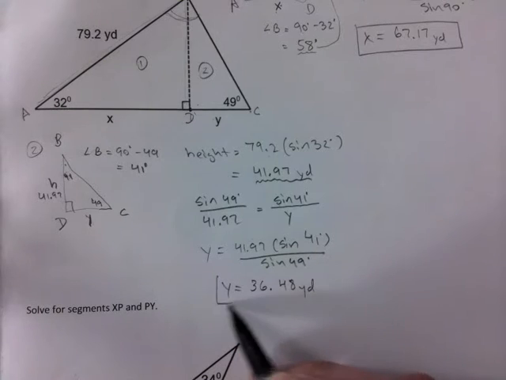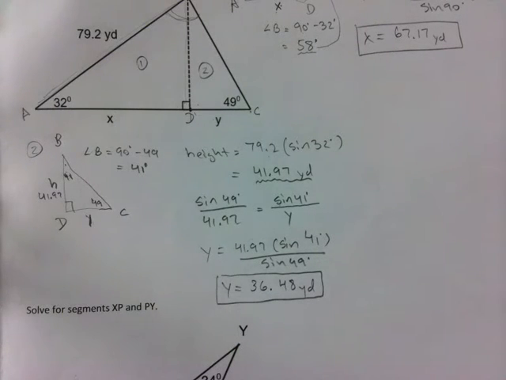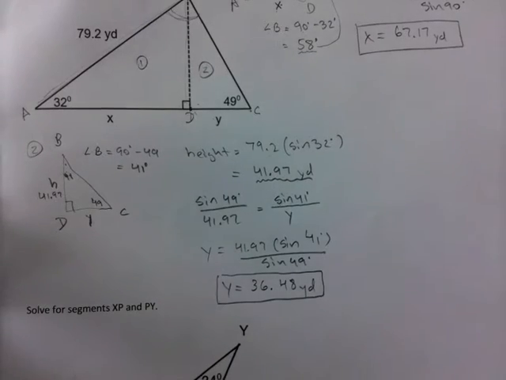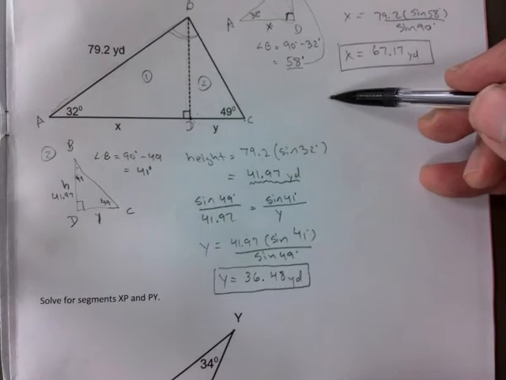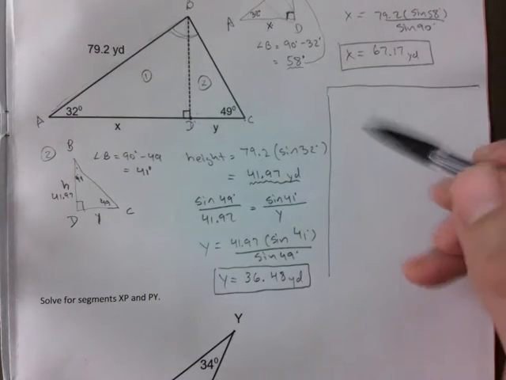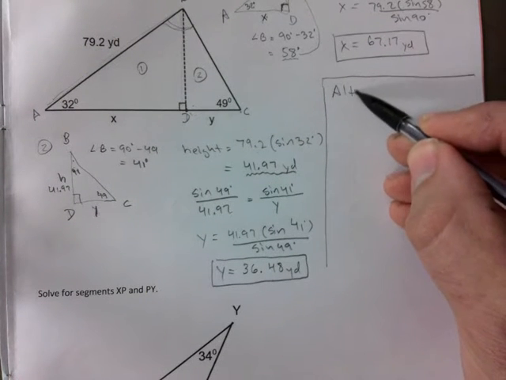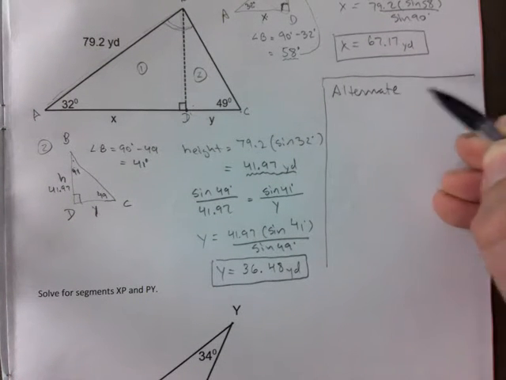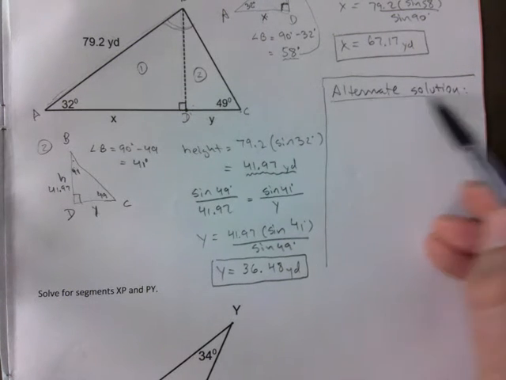And that I box in because that is answering an important part. And you know what? Let's do this. I actually appreciate alternate solutions. Let's do the alternate solution, right?